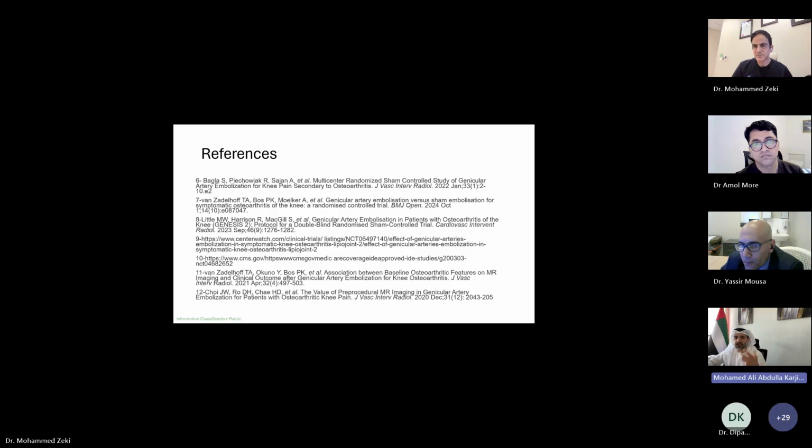Is it due to increased vascular supply? So I would suggest looking into the protocols that we have, and whenever we have a suspicion of knee osteoarthritis, try to add one more sequence, or inject contrast to identify the area of hypervascularization, which will help identify the patients who really require embolization.